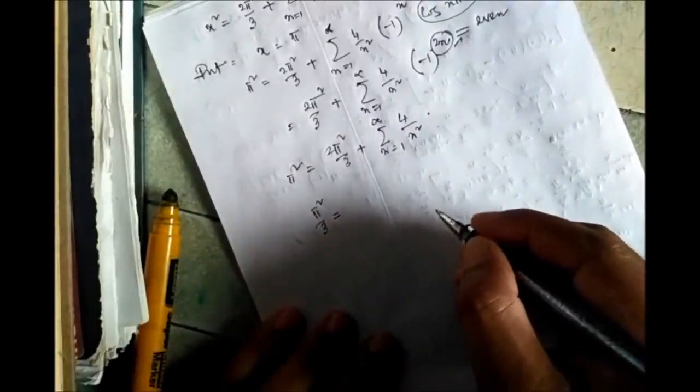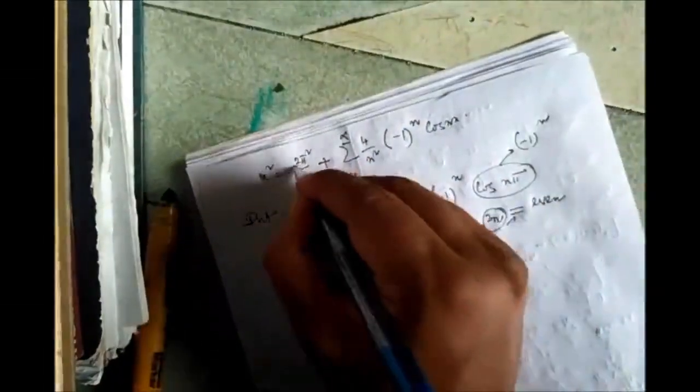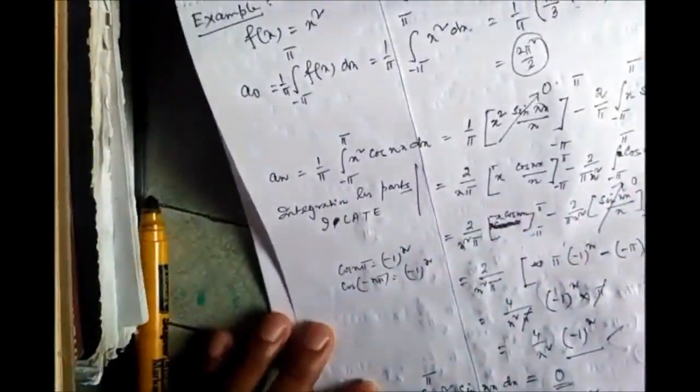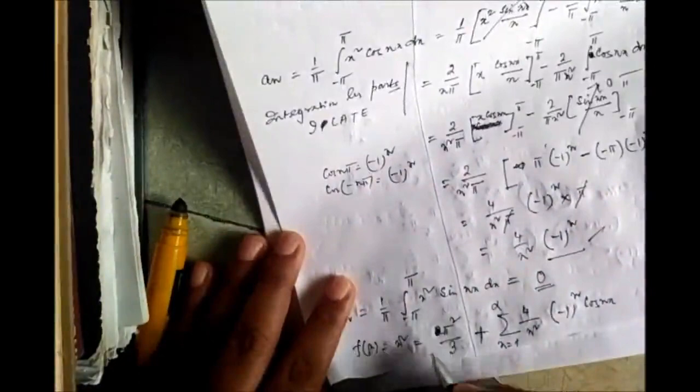This gives me pi square by 3. Sorry, a0 by 2 remains here. So on the right hand side, this will be pi square by 3 as a0 by 2 here. I get the value of a0 as 2 pi square by 3, so a0 by 2 is pi square by 3, right?